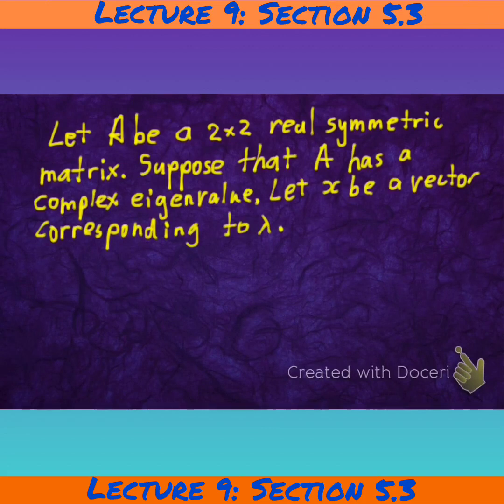Right, so suppose that lambda is a complex eigenvalue, and let X be an eigenvector corresponding to lambda. Then obviously we've got that A, X and lambda satisfy that equation.